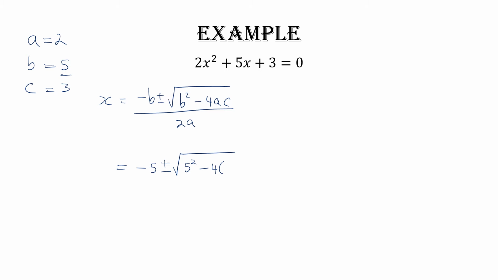We know our a is 2, and we know our c is 3. So we just substitute those values, all divided by 2a, and a is still 2, so it will be 2 times 2. Once we do that, it's just a matter of simplifying now and seeing if we can get our values. So let me simplify one step further.